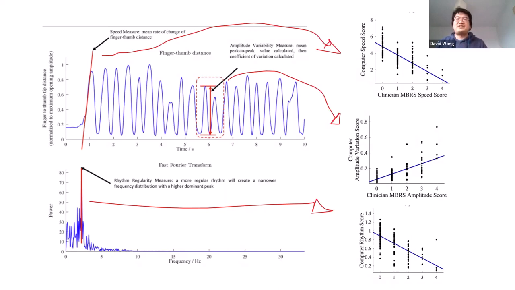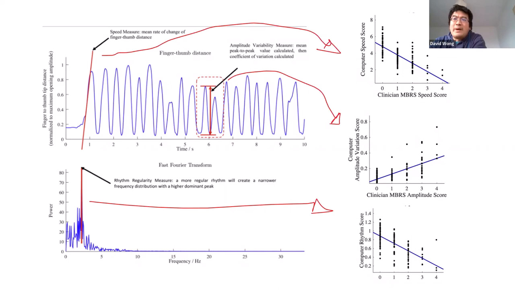So that's just differentiating the distance. And similarly, for something like the amplitude, we just looked at the peak-to-peak size of a signal, and for the rhythm regularity, or how much power is in a small portion of our frequency spectrum.